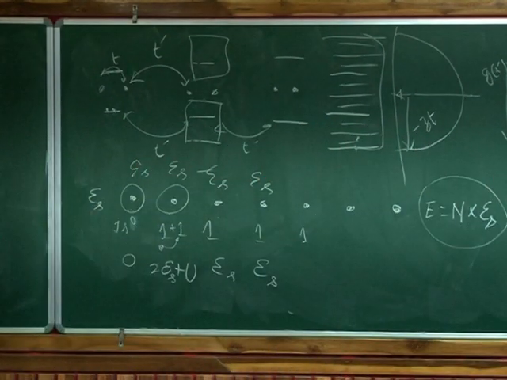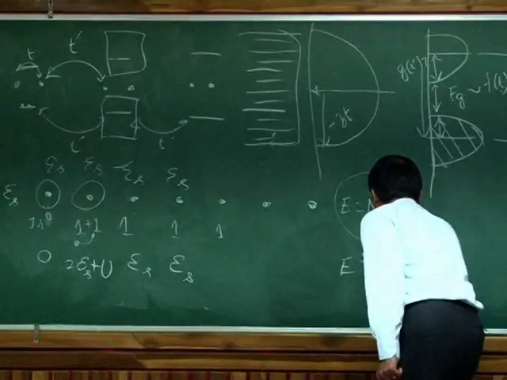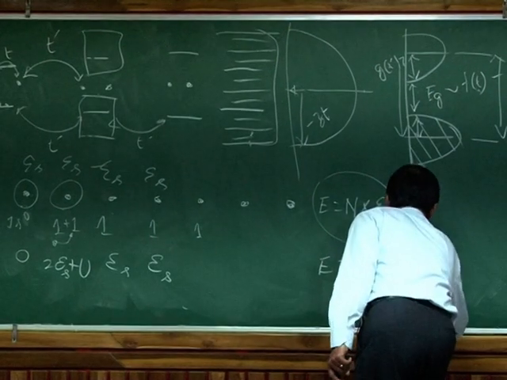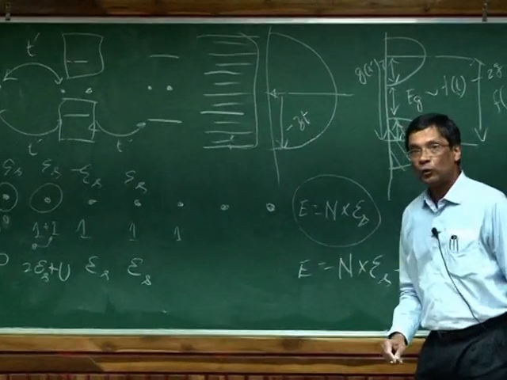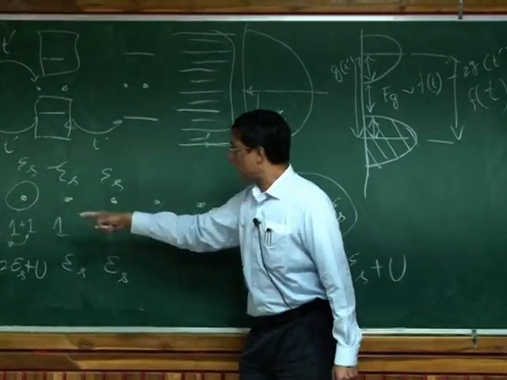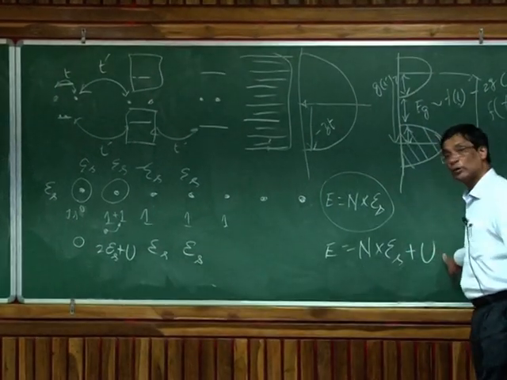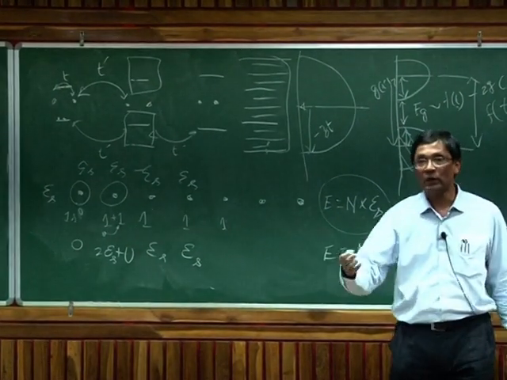Which means immediately you can see now the total energy of this limit is going to be n into epsilon s plus U. Which means with respect to this state where the electron did not hop, as soon as it hops, it requires energy. Without giving this energy, it will not hop, which means that there is no zero energy hop possible.